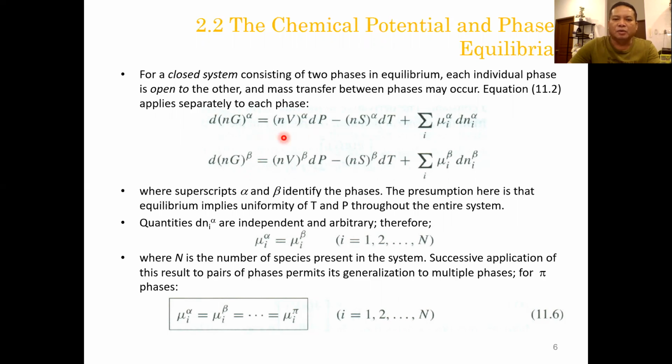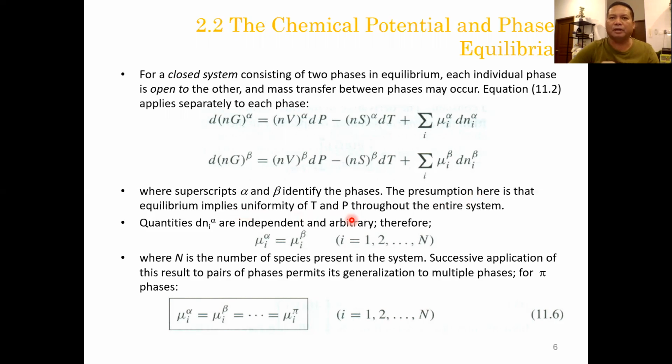So we apply the previous equations into this form here, where subscripts alpha and beta identify the phases, and it assumes that equilibrium implies uniformity of T and P. What it means is that the liquid form and the vapor form are at the same pressure and temperature, so it is in equilibrium.